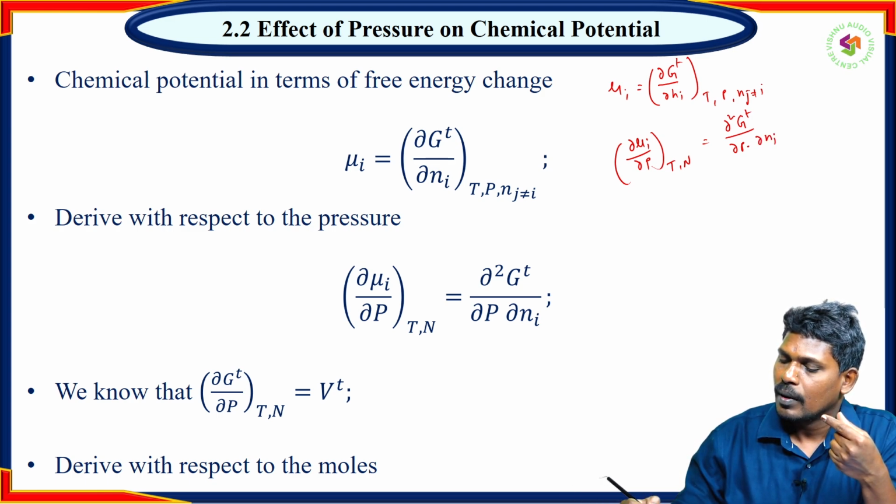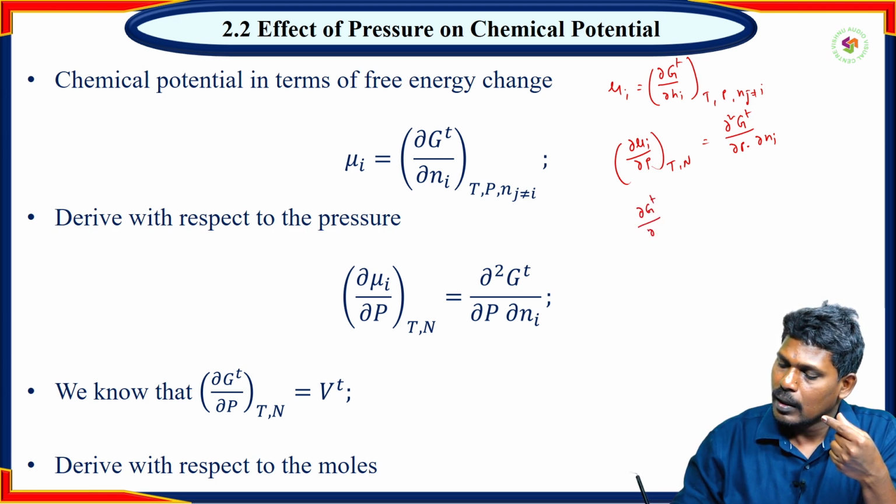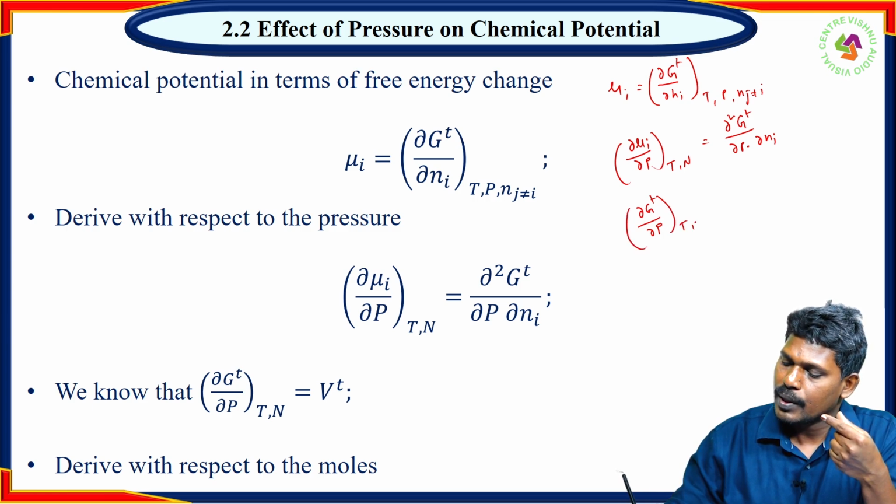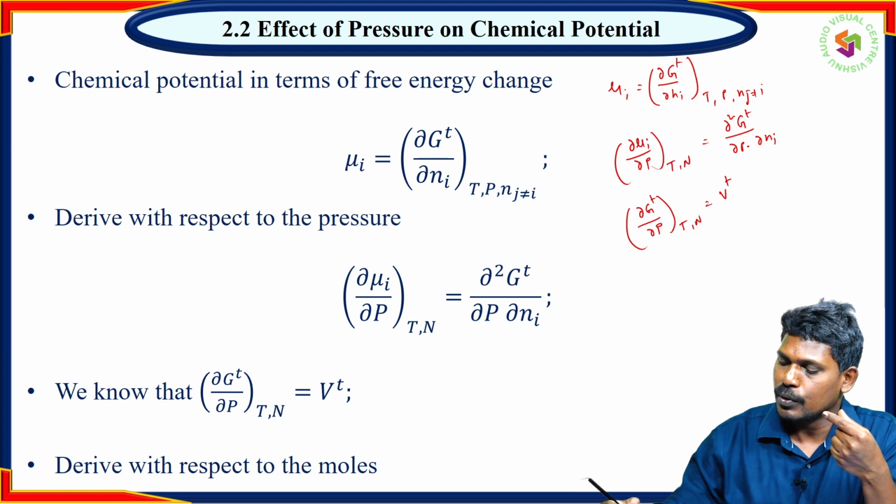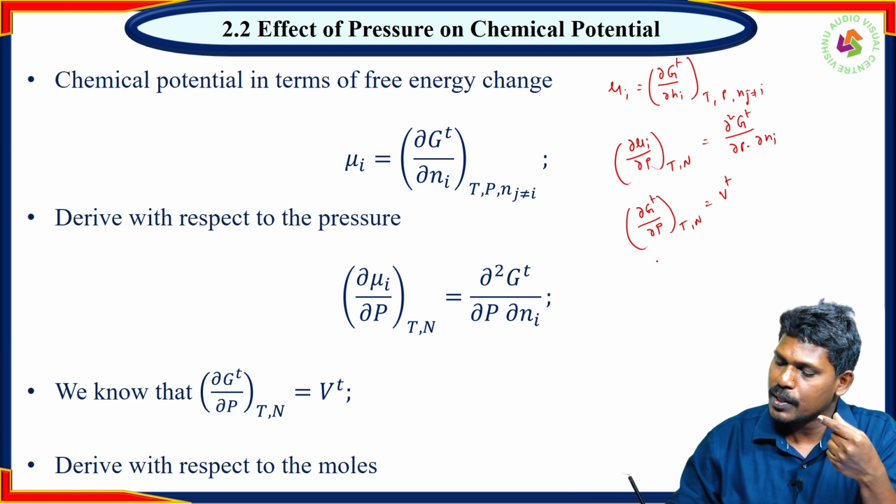We already know dou Gt by dou P at constant temperature and number of moles is equal to Vt. Now differentiate this expression with respect to the number of moles of the particular compound.